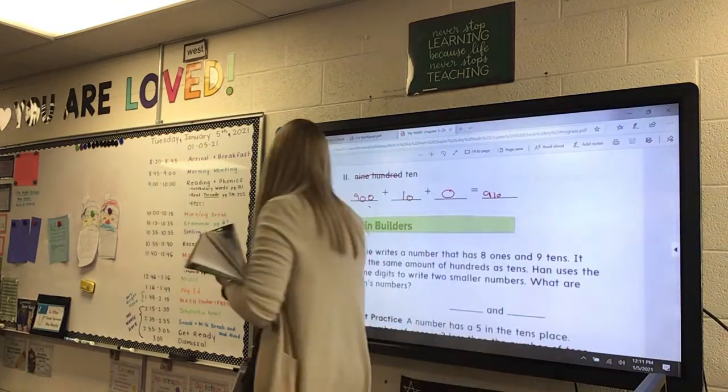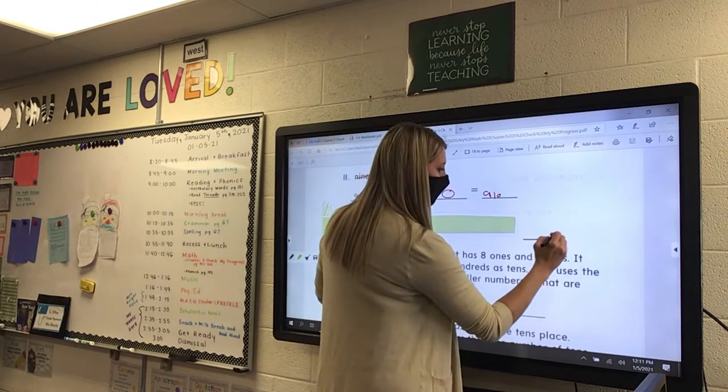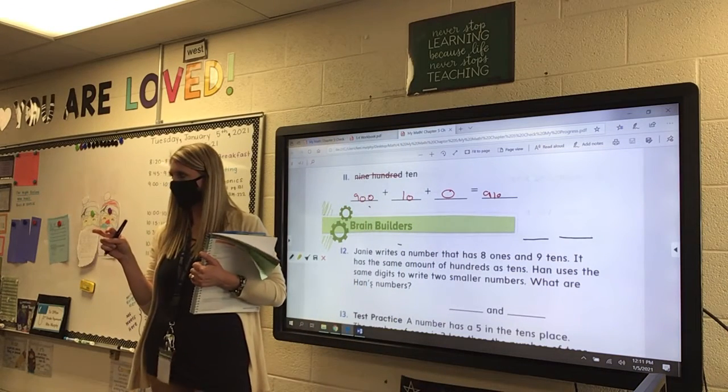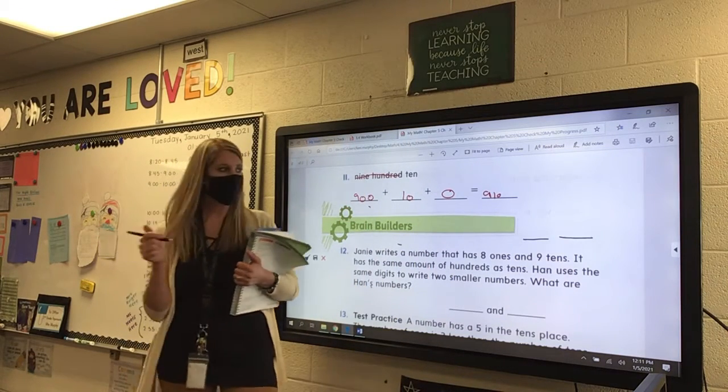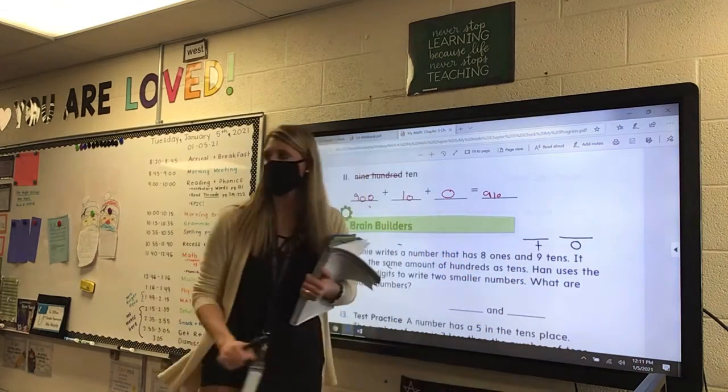Okay, right now with your pencil, above here, let's make a spot with 2 lines. This is our ones. This is our tens.